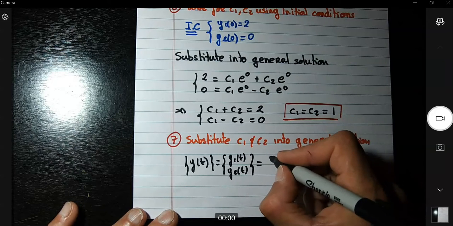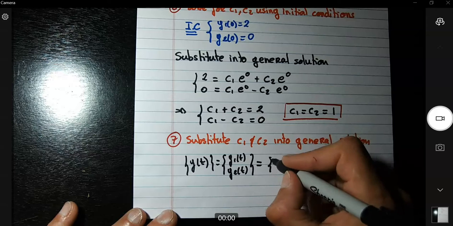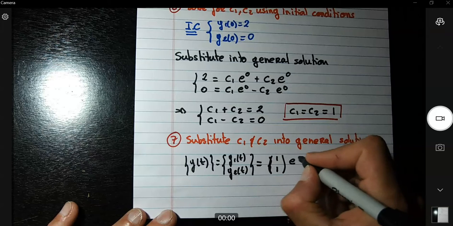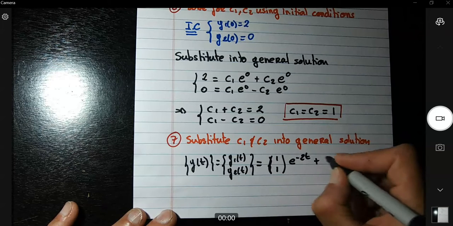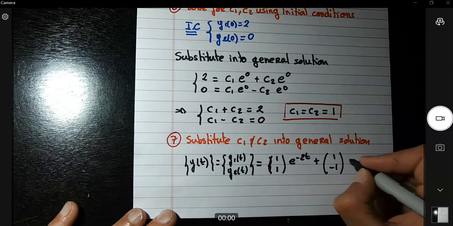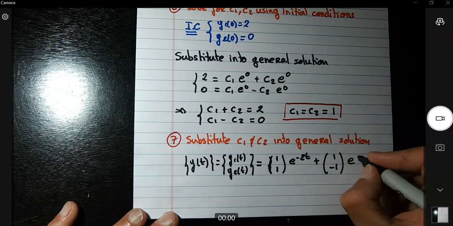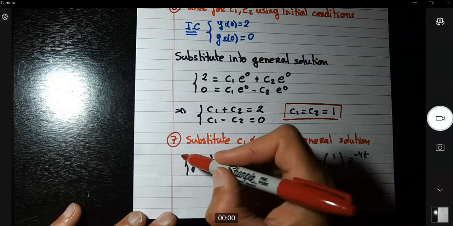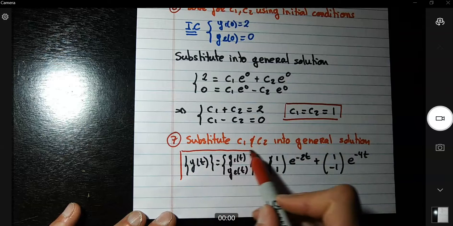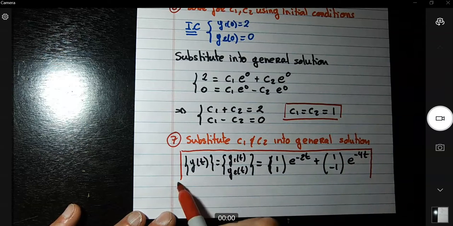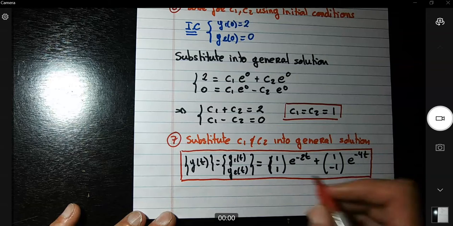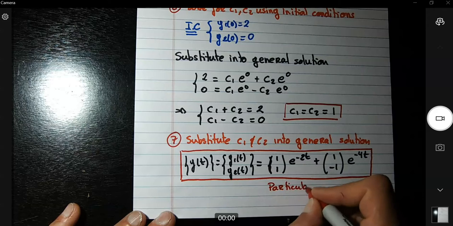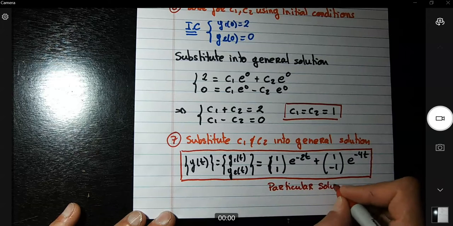So C1 is 1, so it will just be 1, 1 exponential of minus 2t plus 1, minus 1 exponential of minus 4t. Okay, and this is now the particular solution.